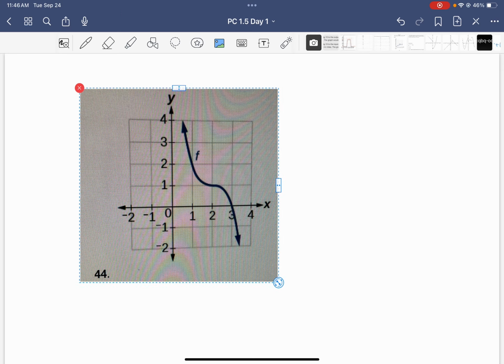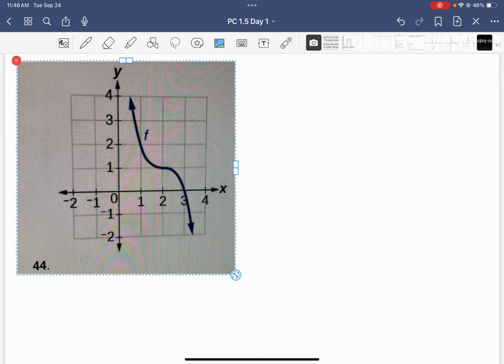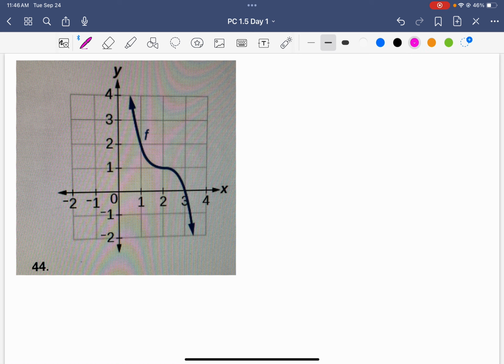So if that's 44, then I say, hey, that looks like my parent function x cubed. And the first thing they did was they reflected it. So it should look like this, but they reflected it across the y-axis. And so at some point they got negative x cubed to make that flip, yes?